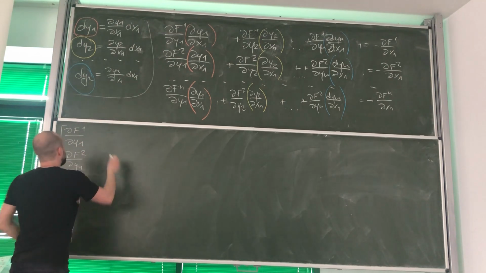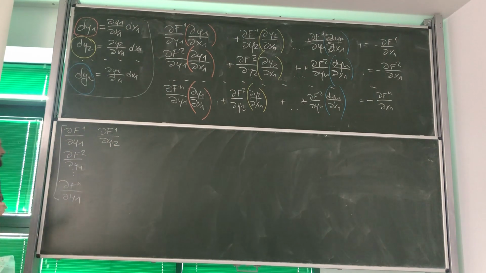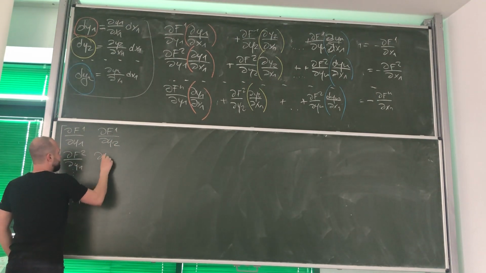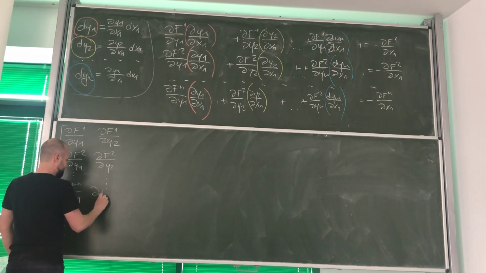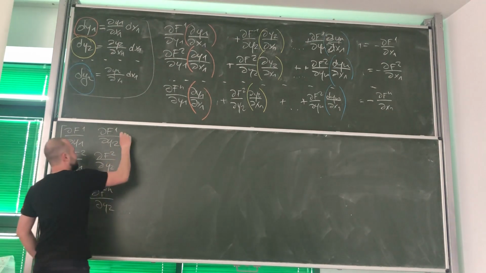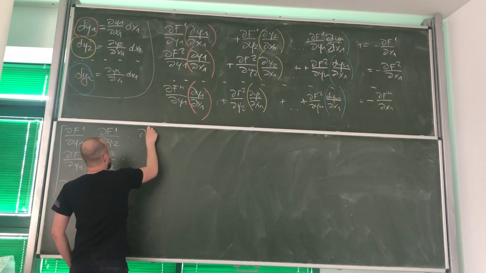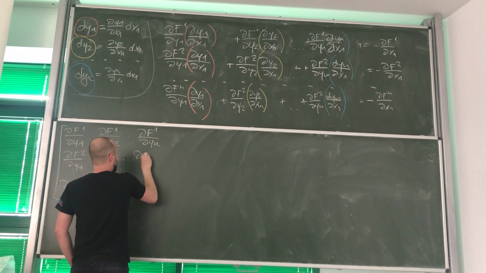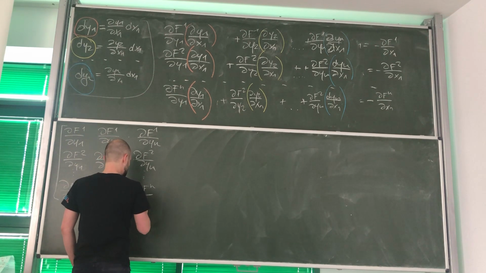Then in the second column, we would have the derivative of the first function with respect to the second endogenous variable, the derivative of the second function with respect to the second endogenous variable, and the derivative of the nth function with respect to the second endogenous variable. And of course, in the last column, we would have the derivative of f1 with respect to yn, the derivative of f2 with respect to yn, and the derivative of fn with respect to yn.